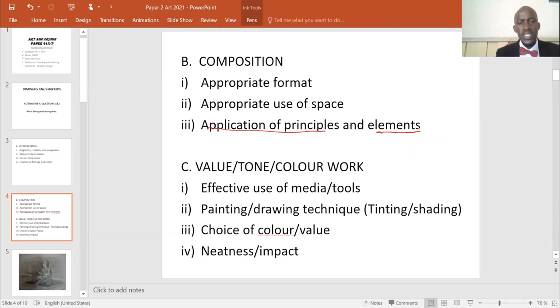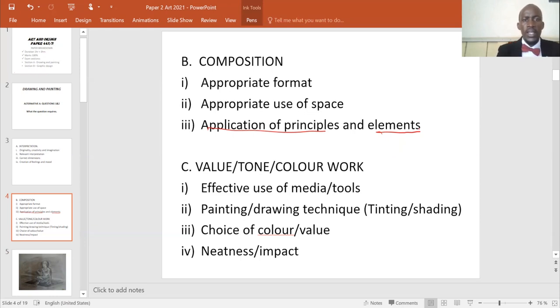So the candidate must pay much attention to the principles such as balance, dominance, rhythm and movement, harmony and unity. Harmony in the way you shade your work, how you create value, how you create texture, how you use color.